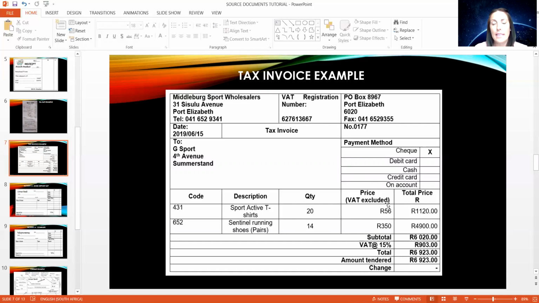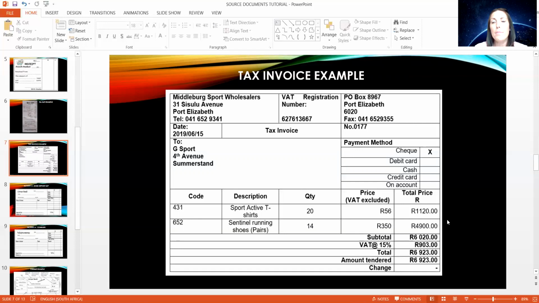There you can see VAT excluded, and here at the bottom we can see that they've added it on. So how do you get your total price? In this case, you say 20 times 56 rand, that will give you 1120, and the same for the running shoes, 14 times 350 gives you 4,900.